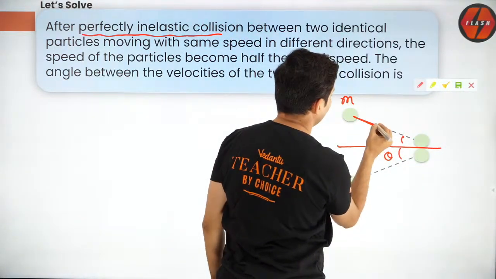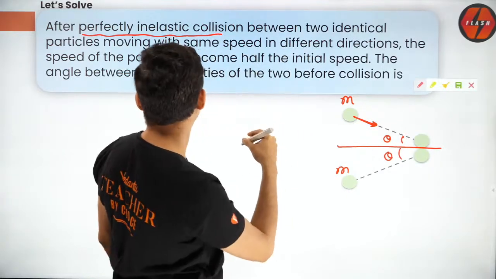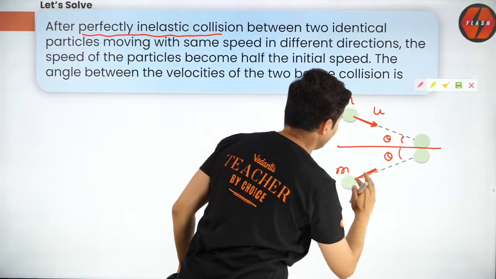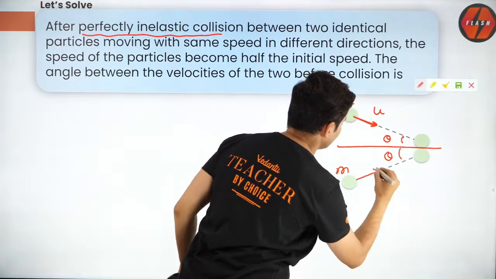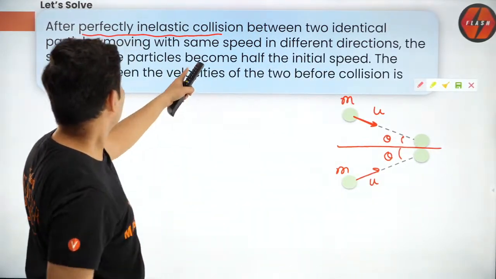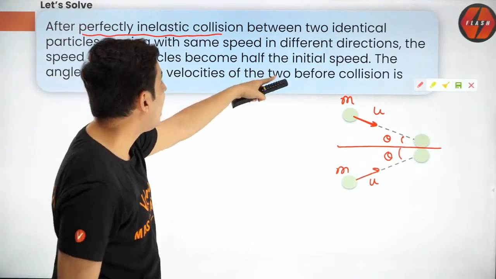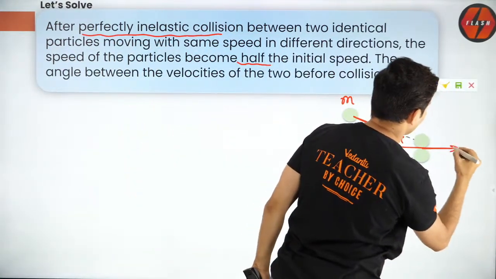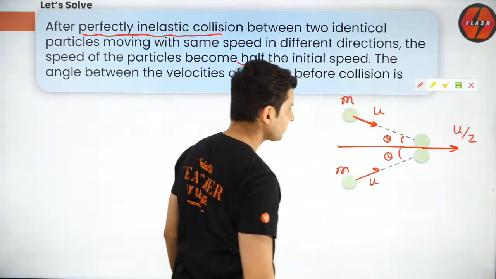Initial velocity was some u; both come with the same speed, that's what is given. Their final speed becomes half, so this speed will be u by 2.